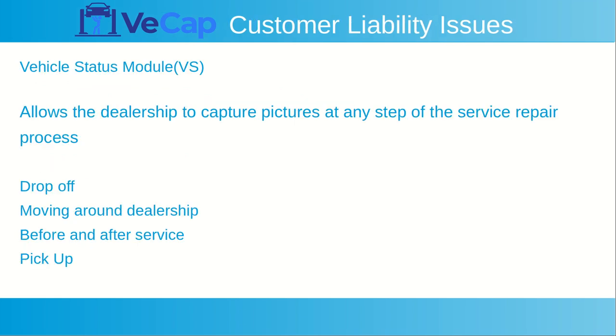The vehicle status module allows you to capture pictures or the status of that customer's vehicle at any step of the process. For example, when you first drop off the vehicle, you want to take pictures of how you receive that vehicle. That is very important. If there's any issue when you're moving around on your dealership lot, you need to capture images of the damage that was done and who actually did it.